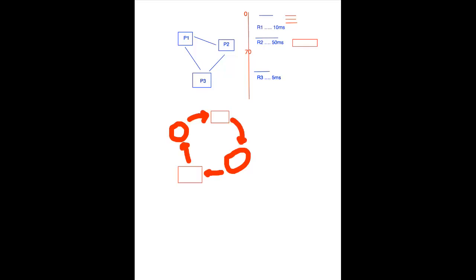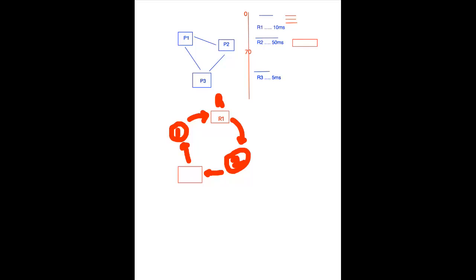The meaning of this is very simple actually, because this is process 1 and this is process 2. Now the problem is both the processes actually require R1 and R2 in order to execute.